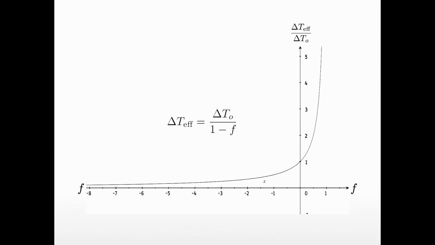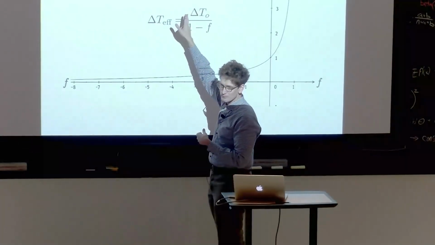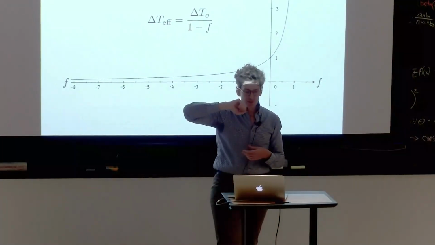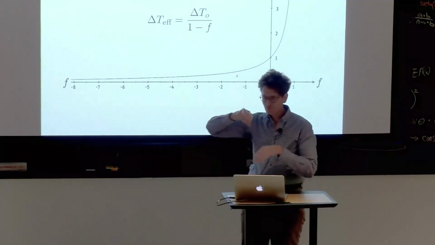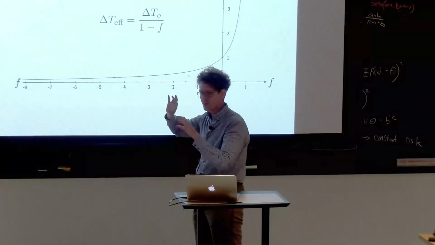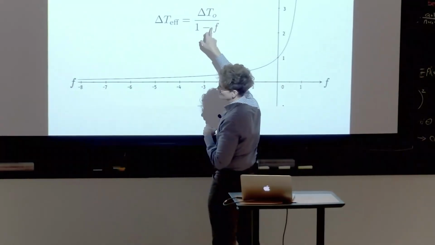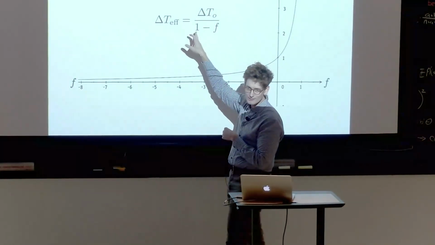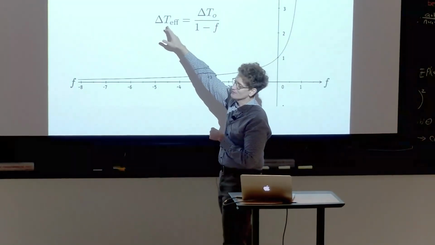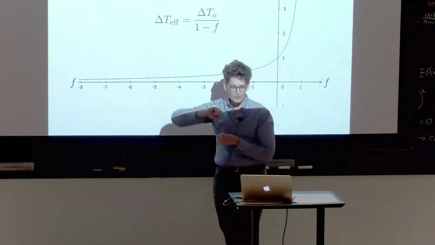The climate system has all these feedbacks, and it has this functional form. This is the Planck temperature change resulting from straight up radiative forcing without feedback from a doubling of CO2. Then you have this feedback parameter, which is a solution to an infinite series. And then you have the effective change in temperature.